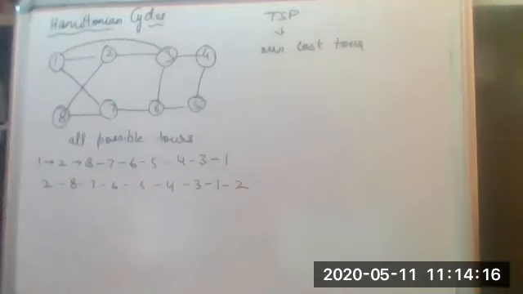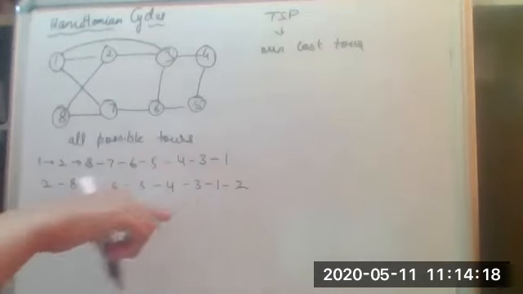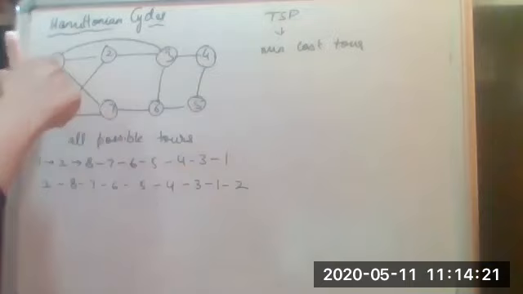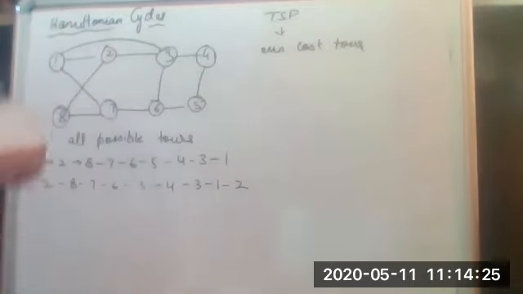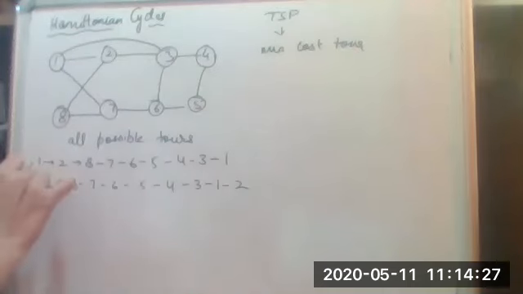If you see, if I put that into a circle, I'm using the same path, but starting from a different vertex. So these two are actually the same cycle, so only one will be considered. I hope that is clear.